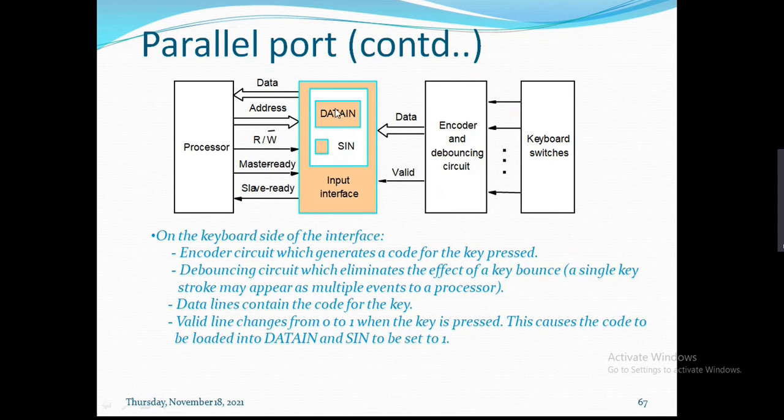After that, that data will be sent to the processor. So far it is just the read operation: I have started from getting the data from the keyboard and sending it to the processor.